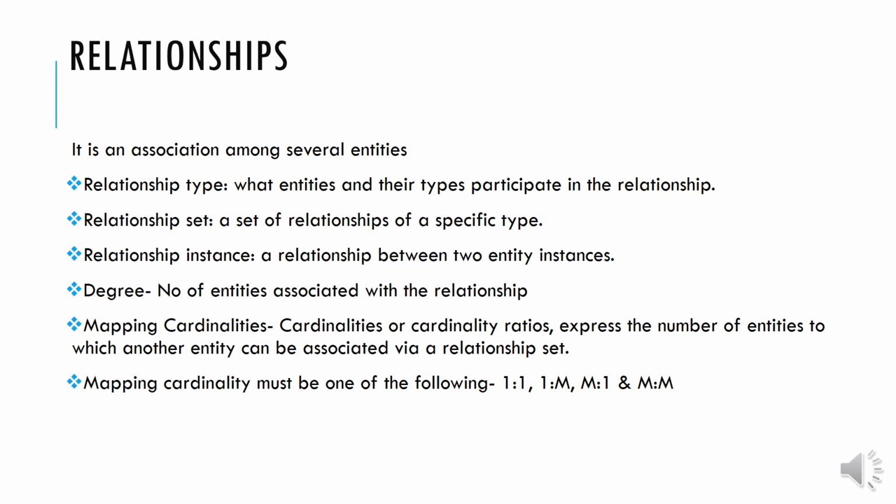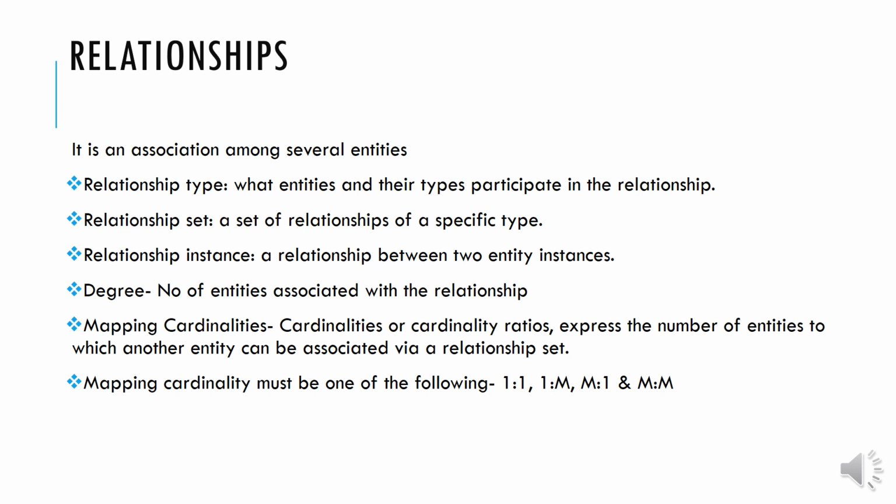The relationship set tells us about a set of relationships of a specific type. A relationship instance is the relationship between two entity instances. There is also the degree of a relationship, which shows the number of entities associated with the relationship.